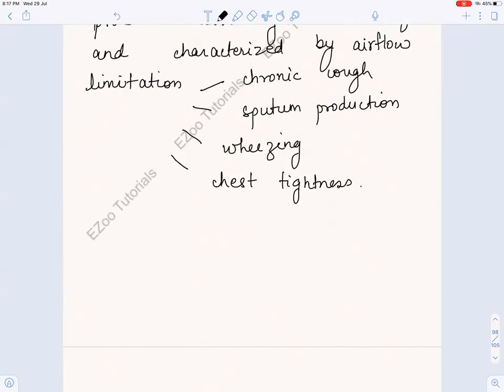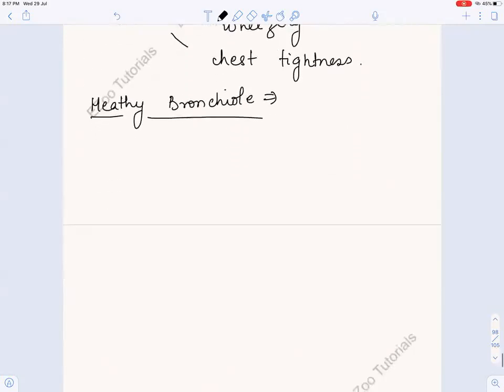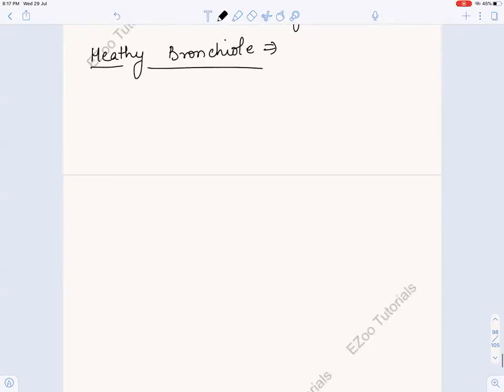Now let us see something more about it. I'll draw some bronchioles and then you will be able to understand it better. Let me draw a normal healthy bronchiole, and I'll compare it with a bronchiole infected by COPD.